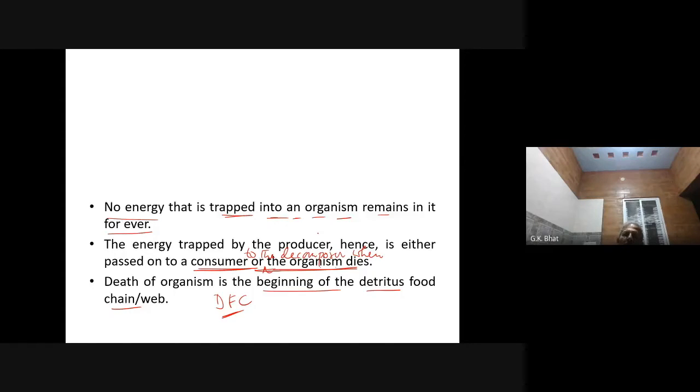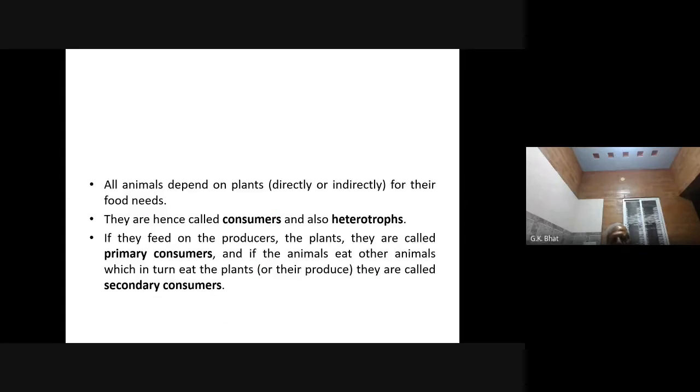You may say, sir, we are not allowing it for the decomposer. Before that, we bury the body or we cremate the body. Even before you cremate the body, decomposers start the decomposition the moment the animal dies, within a fraction of a minute. Death means it is the beginning of the decomposition. I hope you understood. Yes, sir.